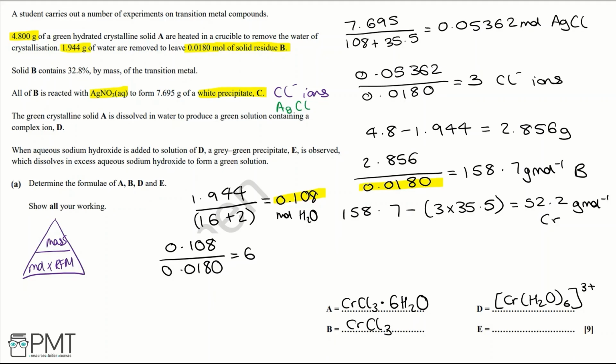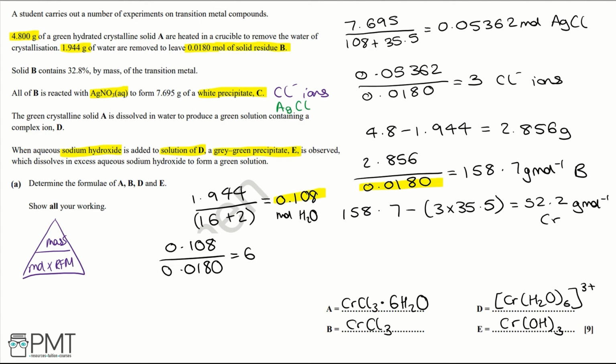Then we're going to work out the formula of E. So E is a grey-green precipitate, and we're reacting sodium hydroxide with D. So when we react D with sodium hydroxide, we're going to form chromium OH3, or chromium hydroxide.